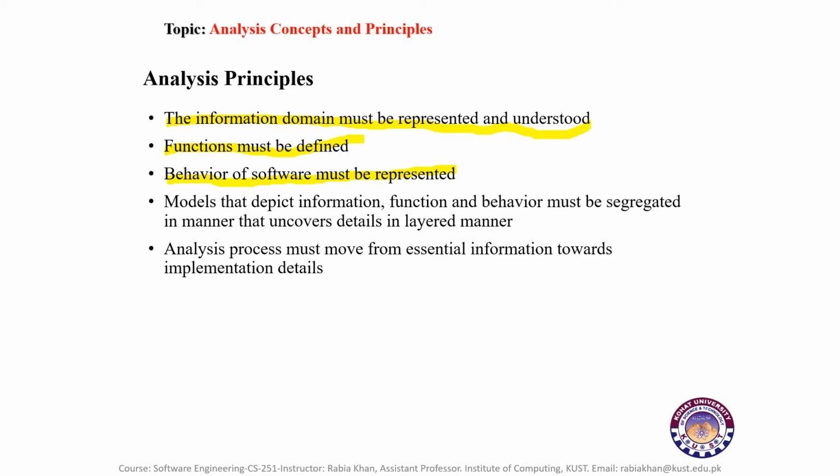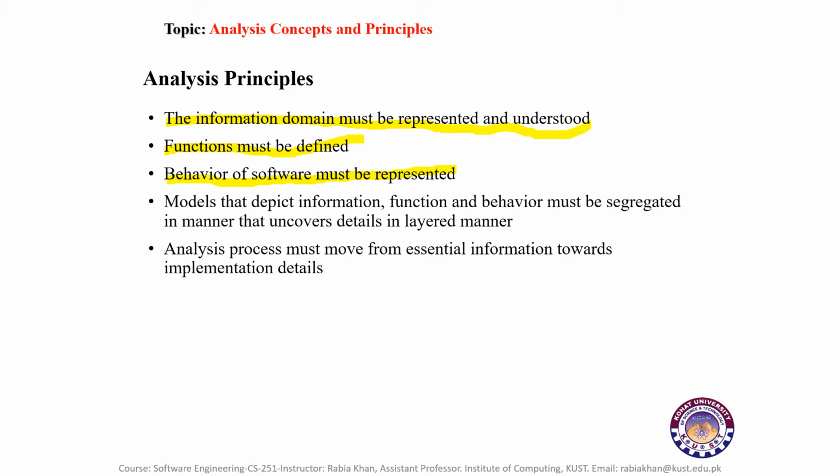For example, software will remain in this wait state until, number 1, an internal clock indicates that some time interval has passed. Number 2, some external event, for example, a mouse movement causes an interrupt.